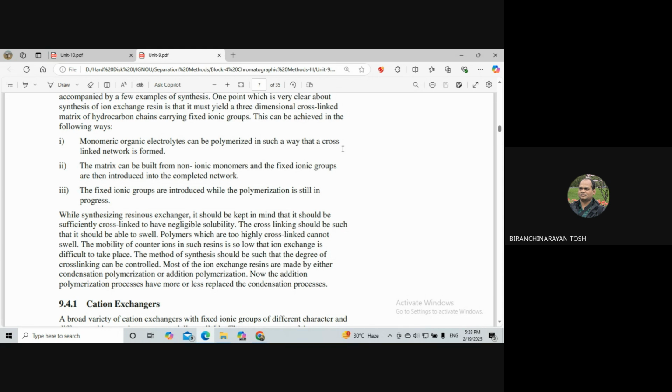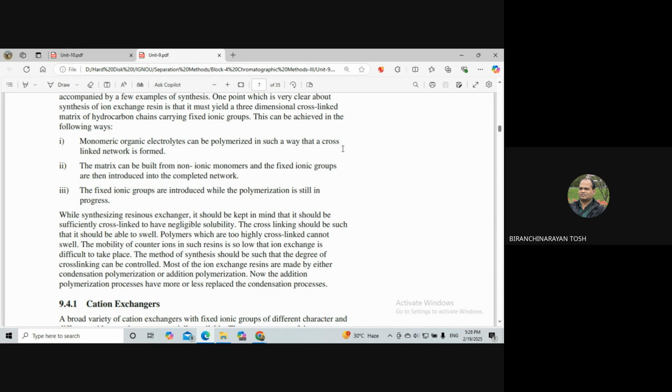Polymers which are too highly cross-linked cannot swell. The mobility of counter ion in such resins is so slow that ion exchange is difficult. So the method of synthesis should be such that the degree of cross-linking can be controlled. Most ion exchange resins are made by either condensation polymerization or addition polymerization.